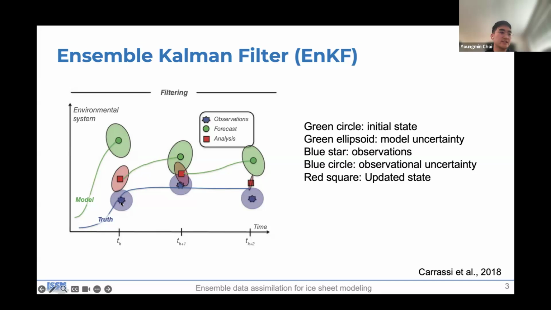The model state is then updated to get closer to the observation, creating a new model state, represented by the red square here. This approach has been used for many climate models like atmosphere and ocean models for decades, but it's less commonly used in ice sheet modeling compared to variational methods.